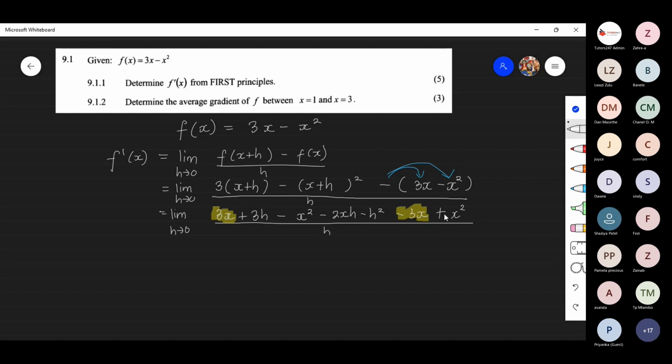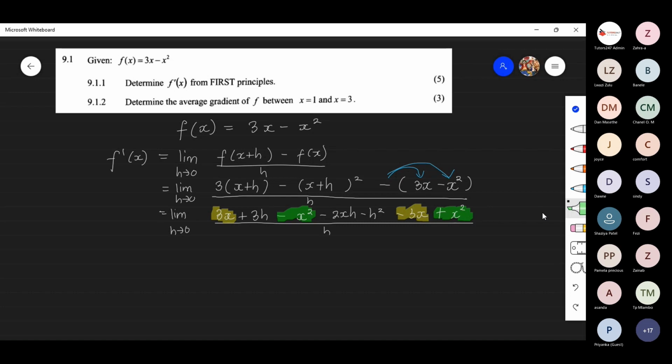So we have negative x squared and positive x squared. Those are our like terms, so we will just add those up. That'll then give us 0 for those particular terms. Okay, we don't have any more like terms.